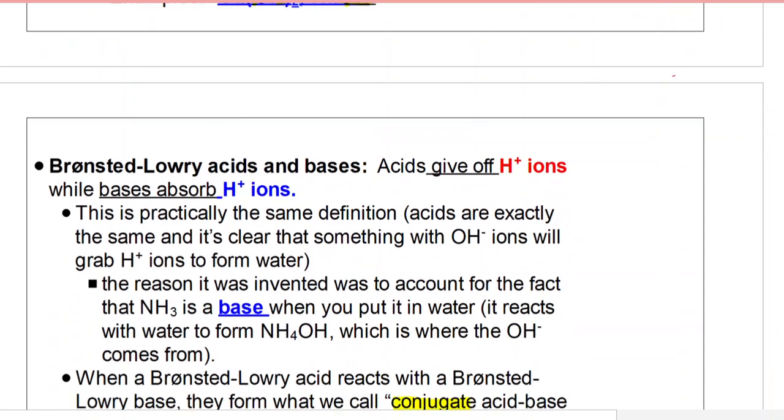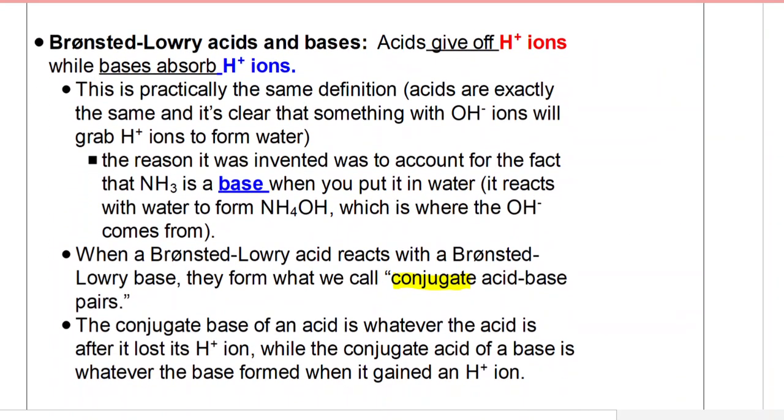Okay, so Arrhenius was the first person to really take a look at acids and bases. However, he was missing out on some of the bases primarily. Bronsted and Lowry were 2 scientists that came up with a more inclusive definition for acids and bases. What they said was that acids give off hydrogen ions while bases absorb them.